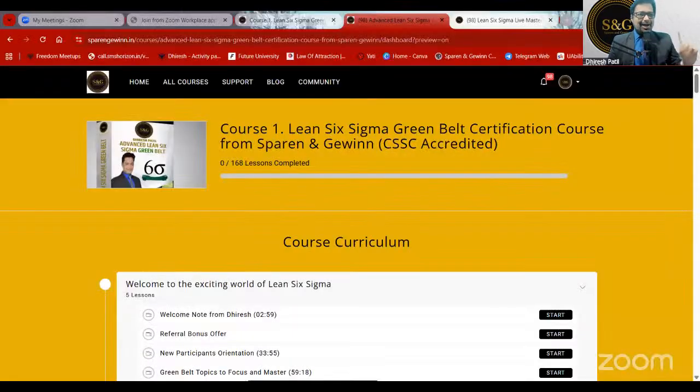take you to where you will get these templates. Very good. Is anybody aware of where we get these templates? In our LMS, it is already there. How many of you know? Just type in the chat box.